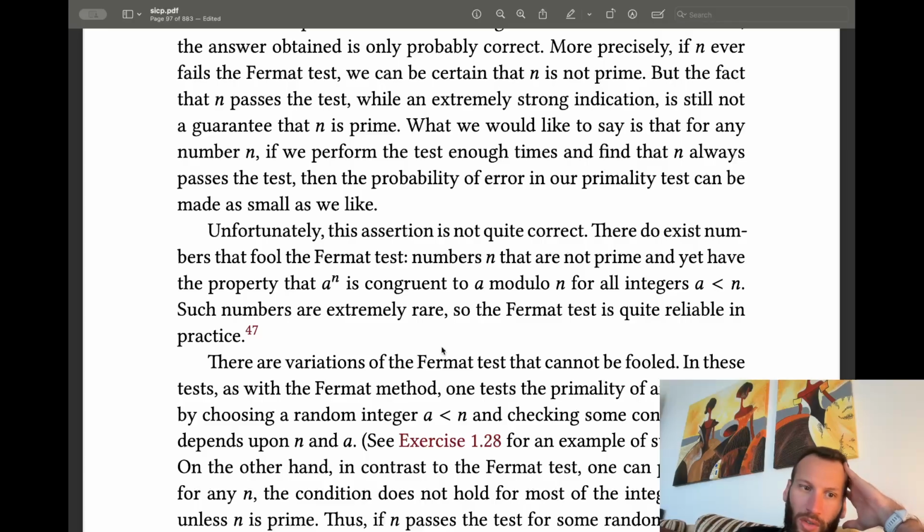There do exist numbers that fool the Fermat test. Numbers n that are not prime and yet have the property that a to the power of n is congruent to a modulo n for all integers a less than n. Such numbers are extremely rare, so the Fermat test is quite reliable in practice.